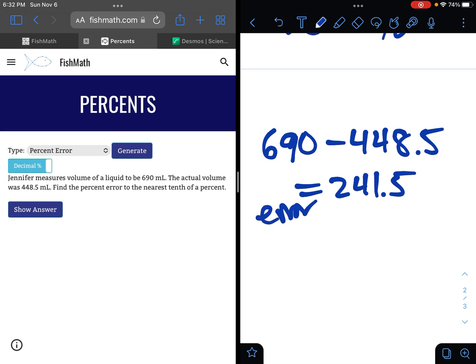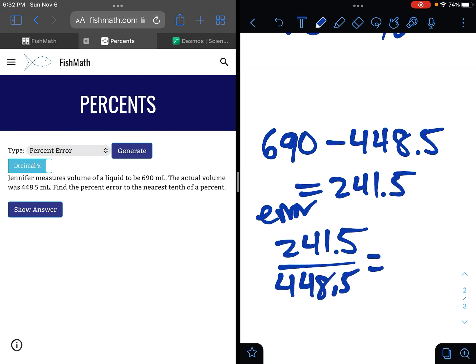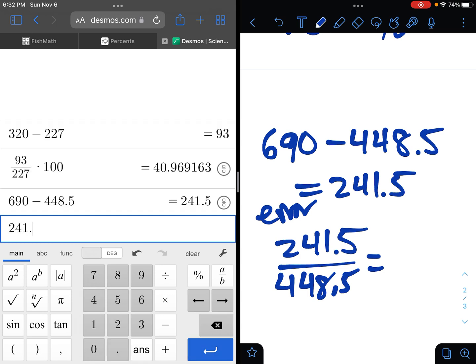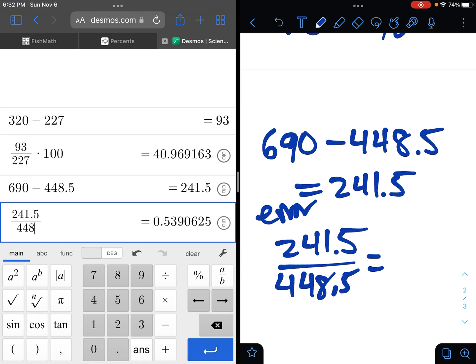And then we're going to divide that error by the actual amount. The actual is 448.5. And then it says round to the nearest tenth of a percent. So 241.5 divided by 448.5 would be 0.538.